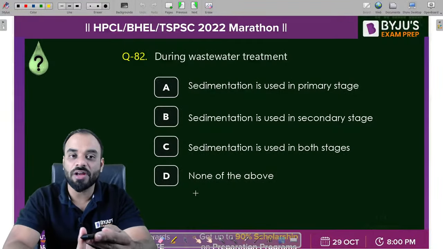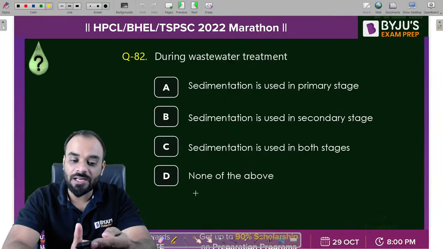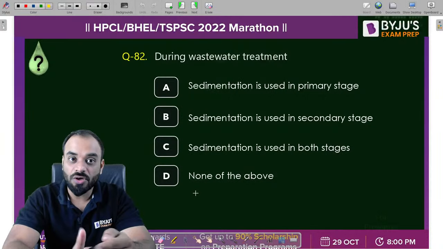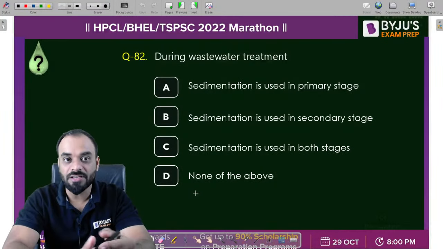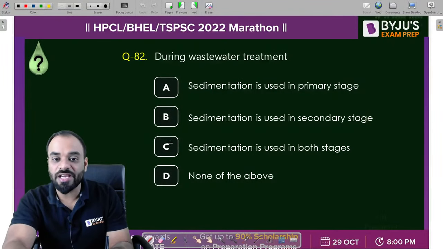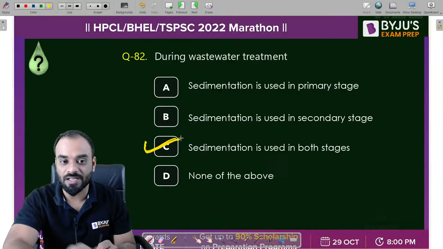Primary is required to remove the suspended organic matter, and secondary sedimentation is required to remove your MLSS concentration, right? Microorganism concentration, which is known as bioflocs. So that's why guys, we need to use two types of sedimentation tank. One is primary and second is secondary. C is the correct answer.